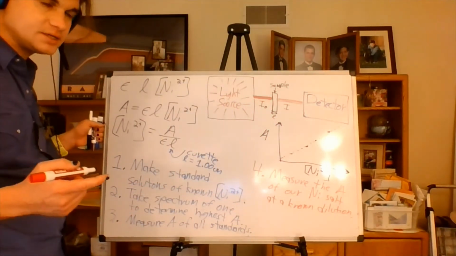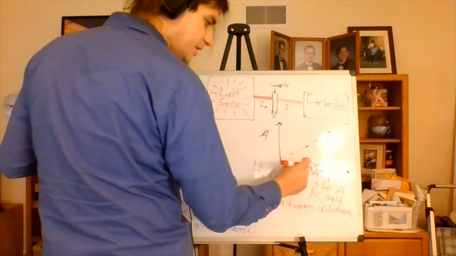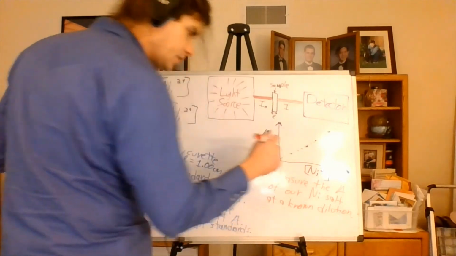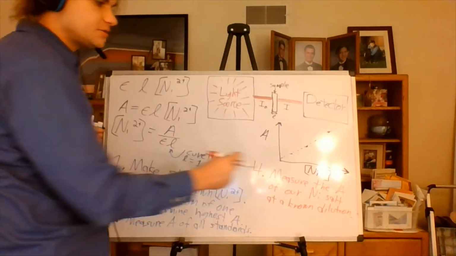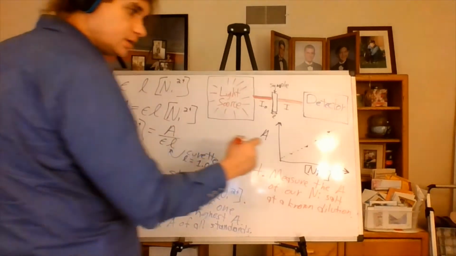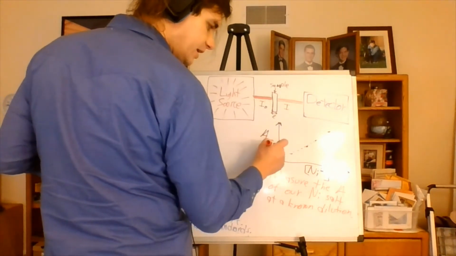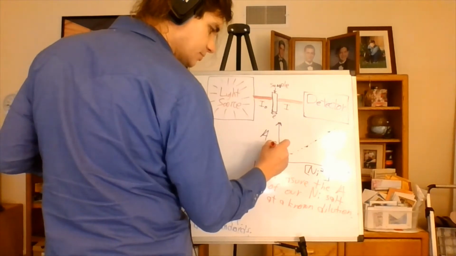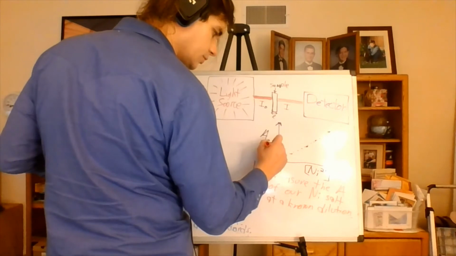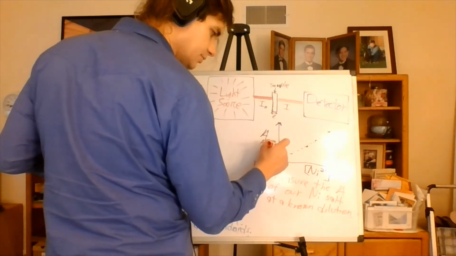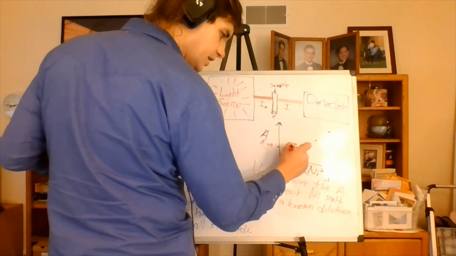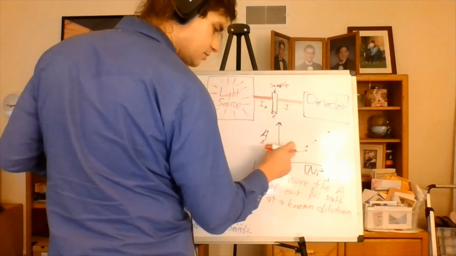Once we have that data, we can put the absorbance on this graph, and because we're measuring nickel 2+ the whole time, wherever that ends up, let's say hypothetically it ends up here, the absorbance for the salt is right there. What we would do is go across here.